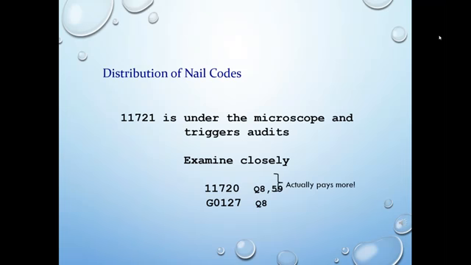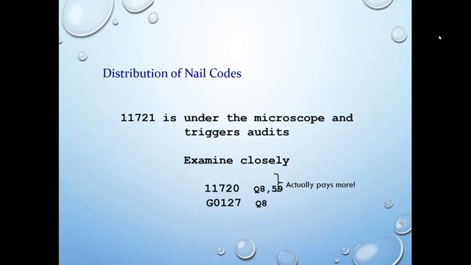One of the things that we have noticed, and I've noticed in my practice for many, many years, is the use of 11720 with G0127, the use of 11720 with 11719 actually pays a few dollars more, $1, $2 more than actually using 11721.